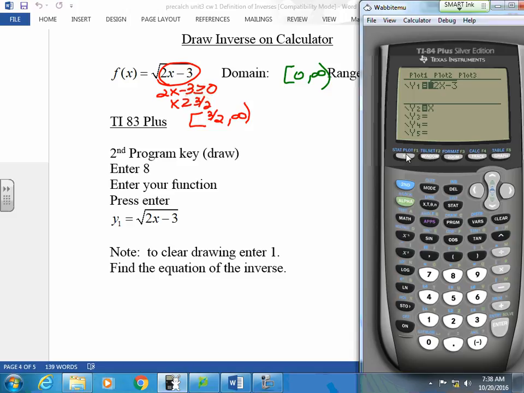So if we were to make the equation for this, how would I make this equation? Switch them first, good. And then you say get rid of the radical by squaring both sides.